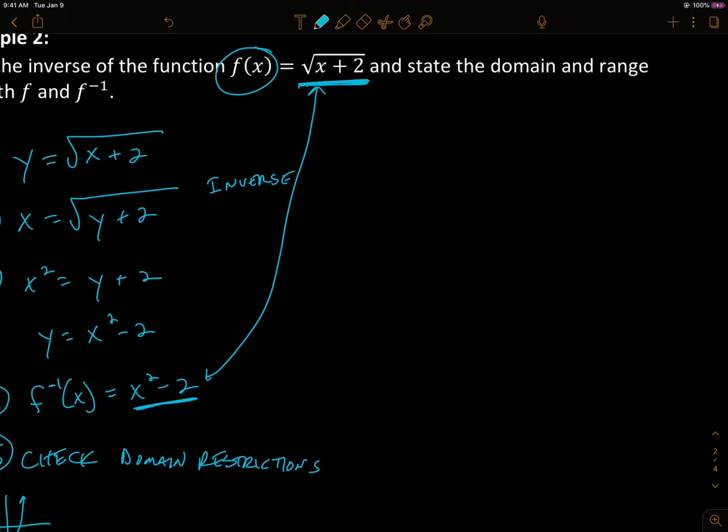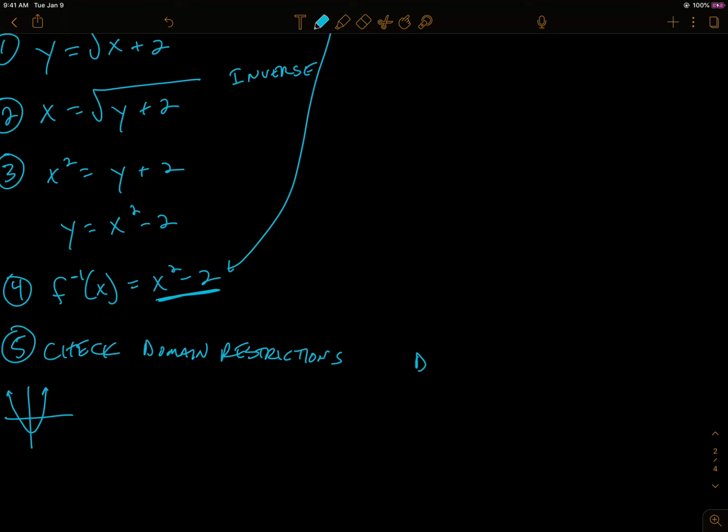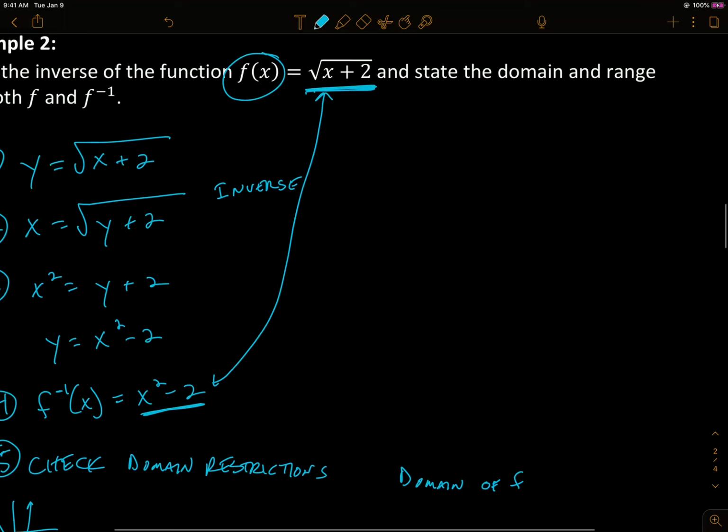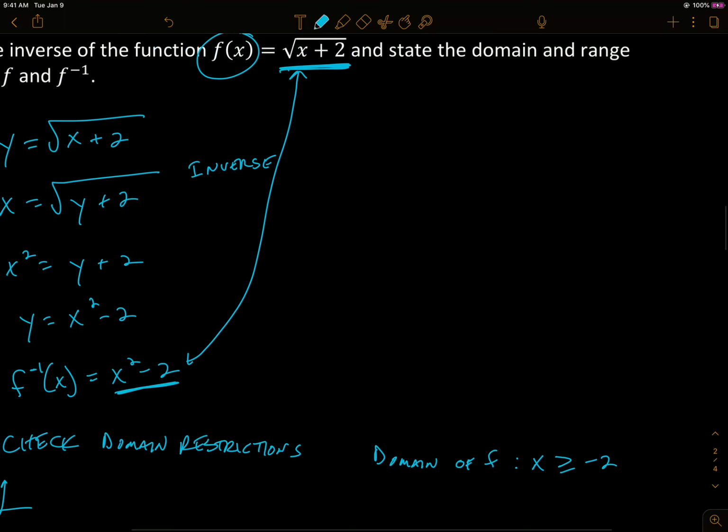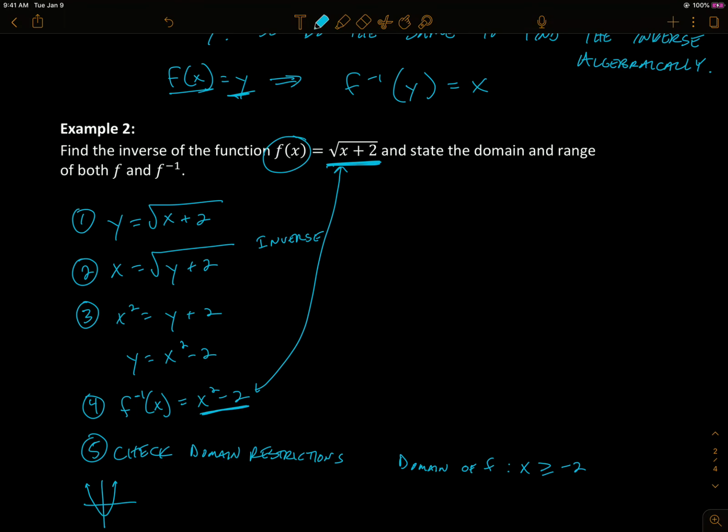So if I think of the original, I'm going to say that the domain of the function f, which is the square root function, is going to be any x values larger than or equal to -2, right? That's the domain of f. If you have a question about that, we can talk about in class how I came up with that.